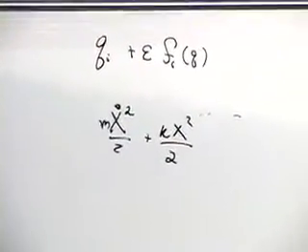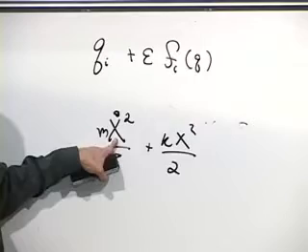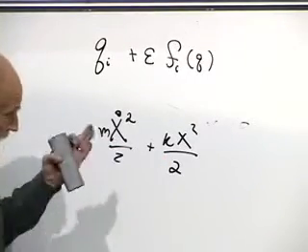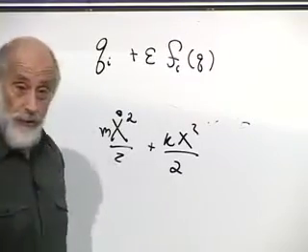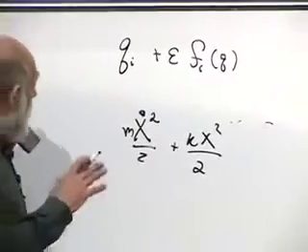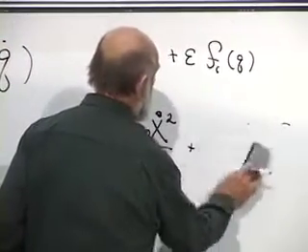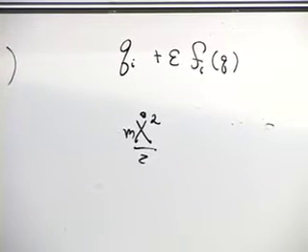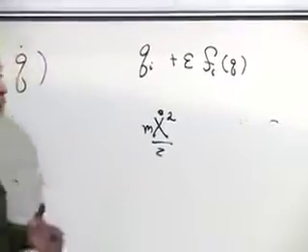Now what happens if I shift x a little bit? This term doesn't change, but this term does change. This is just a statement that if I have a harmonic oscillator and I shift the coordinate a little bit, the potential energy changes. So the free particle has a symmetry, shift of x. The harmonic oscillator does not share that symmetry.